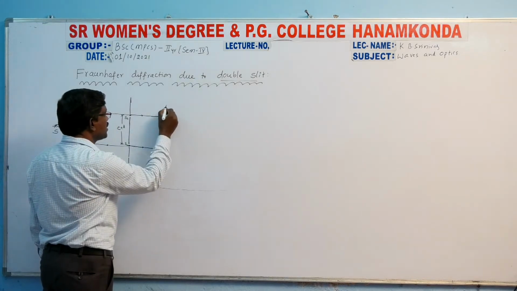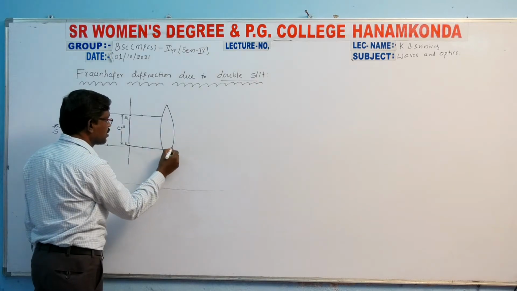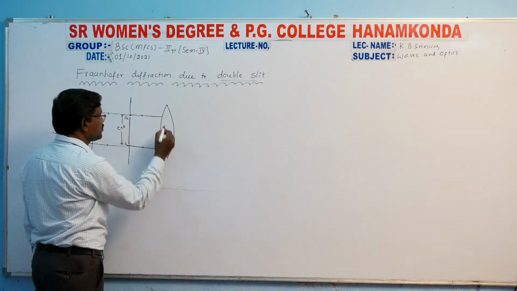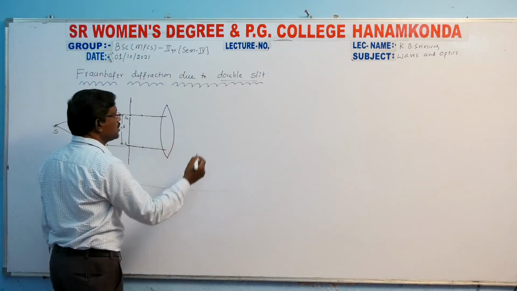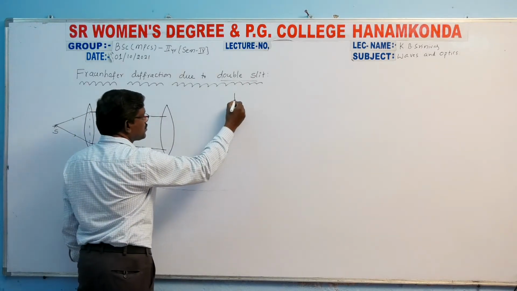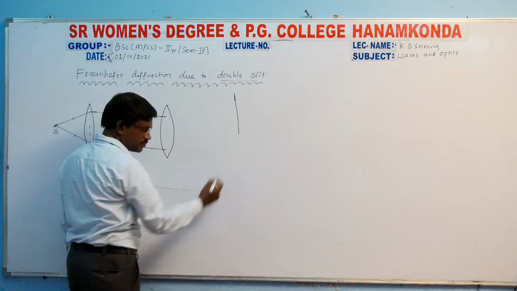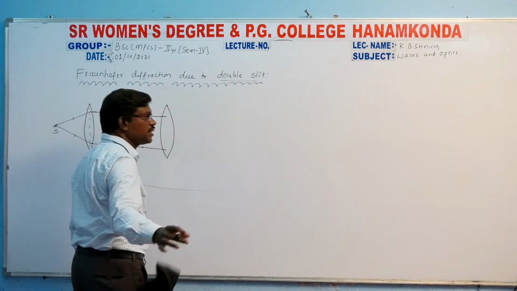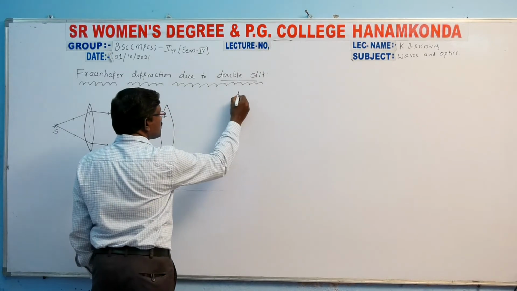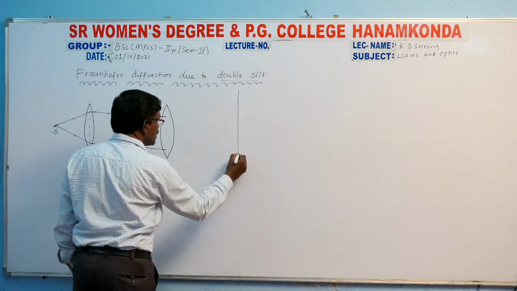The normal rays are perpendicular to the lens, and are focused by the convex lens at the middle of the screen. This is the position of the screen.